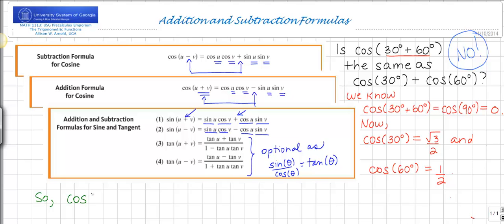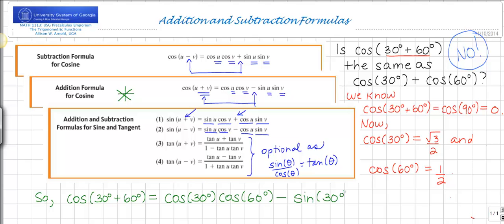So let's use the identity to rework the question I asked you: the cosine of 30 degrees plus 60 degrees using the addition formula for cosine. So it would be cosine of 30 degrees, cosine of 60 degrees, minus, in other words, we change the middle, sine of 30 degrees, sine of 60 degrees, filling in the values from our special triangle, the 30, 60, 90 triangle.